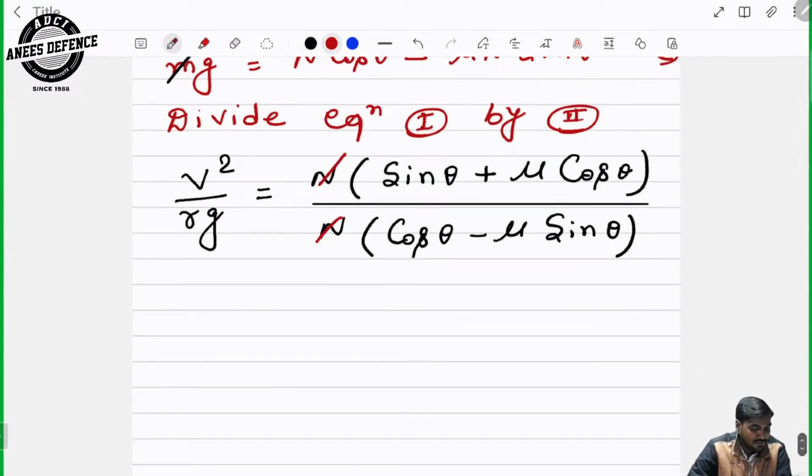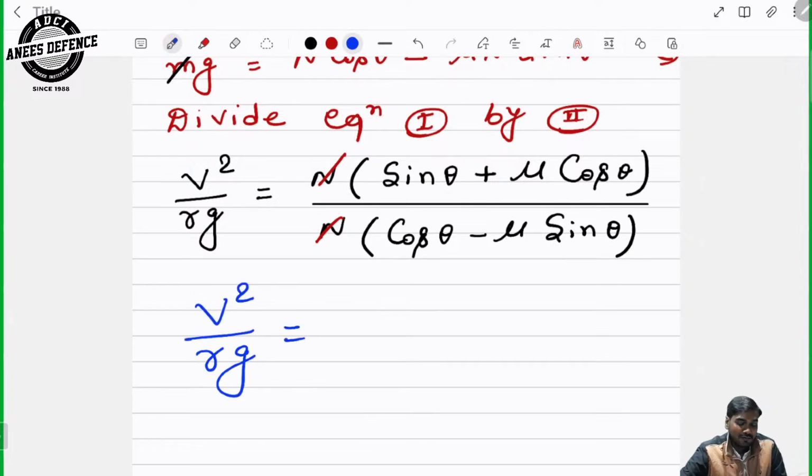Cancel N. What are you getting? v squared upon rg is equal to, divide numerator and denominator by cos theta. So sin theta by cos theta is tan theta, plus mu, because cos theta by cos theta is 1.